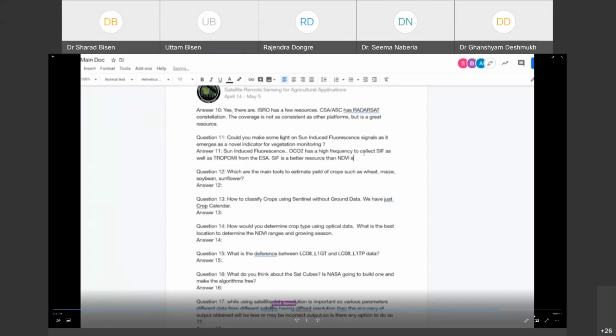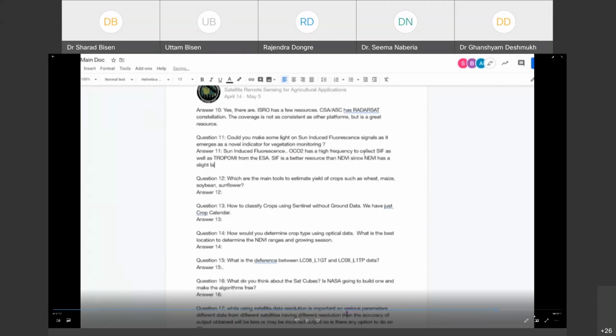So the challenge now is having an operational space-based platform with a spatial resolution high enough to monitor vegetation at a coarse to even a moderate scale. So hopefully soon there are sessions coming up, and we'll post some more information on this question. But it's a very good question, and thanks for asking. Question 12.